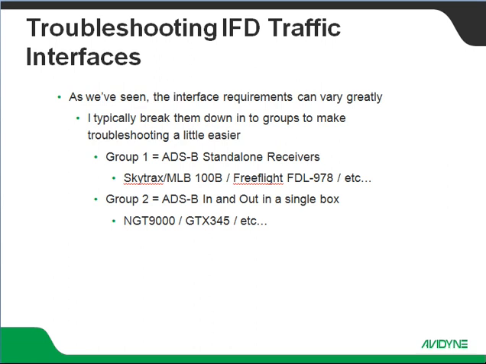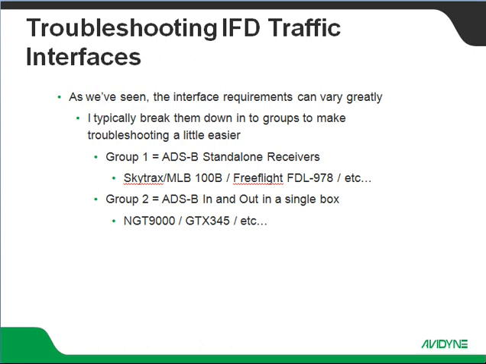Something else to consider, and something else that's definitely worth thinking about when we're troubleshooting these ADSB traffic interfaces. It helps a little bit to understand first what group you're in here, right? So some of these are ADSB standalone receivers, like the Skytrax 100B, FreeFlight Ranger. There are a handful of others that are like that as well, just standalone receivers, right?